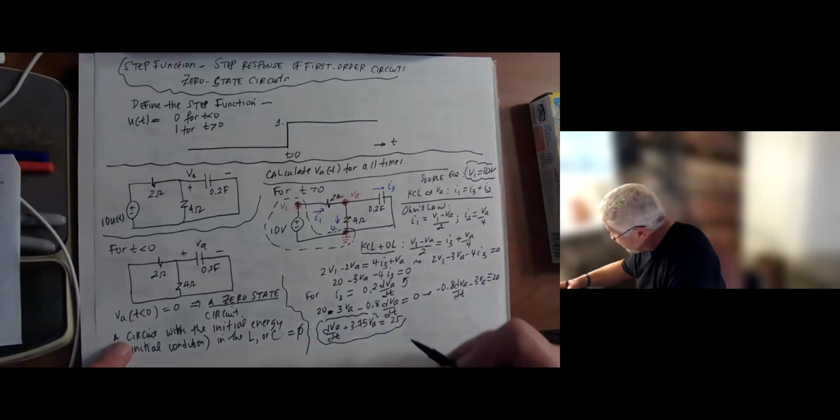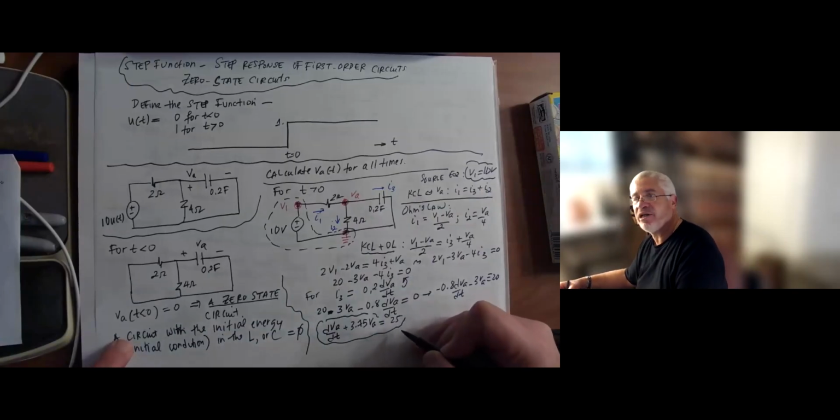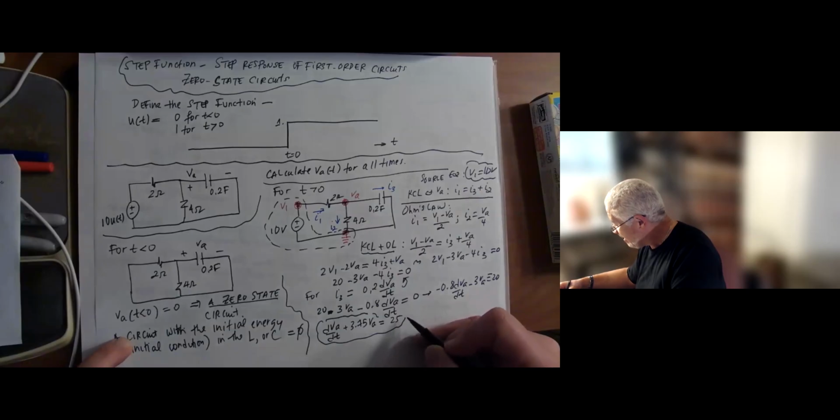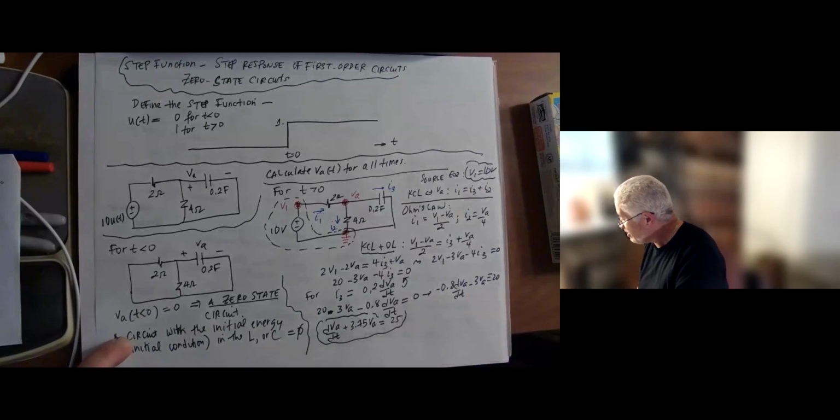So you see the differential equation now, when we have a step function in the circuit, has a right-hand side which is not 0. The right-hand side is a constant, but it's not 0.